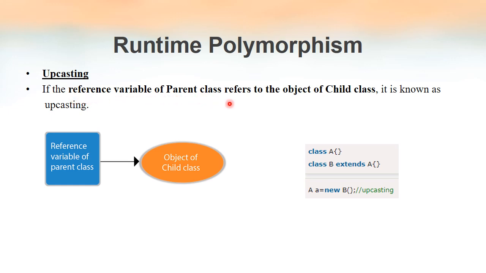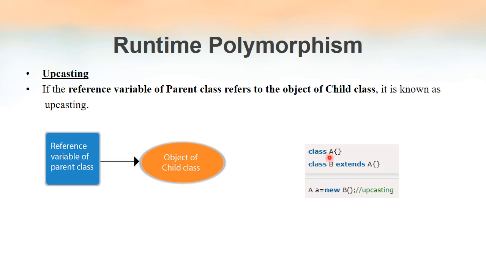If the reference variable of a parent class refers to the object of a child class, I repeat, if the reference variable of parent class. We have two different classes, one is a parent class and the other is a child class. That means inheritance. If the reference variable of the parent class refers to the object of the child class, that process is known as upcasting.